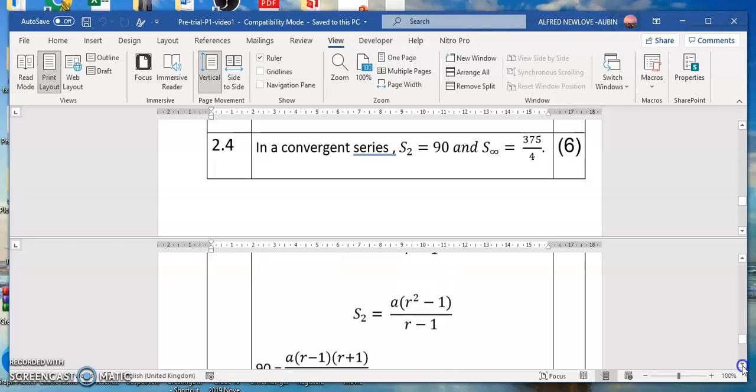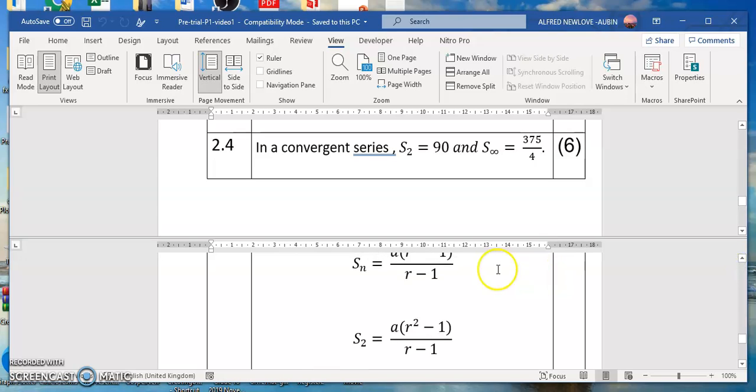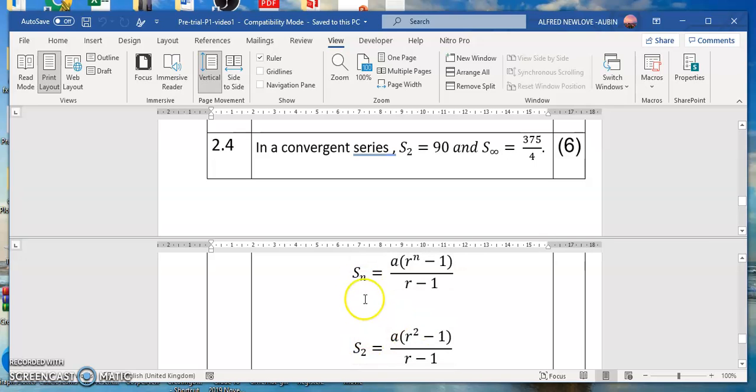For the sum of the first two terms, n is going to be 2. Your a will remain, r will remain, and n is also going to be 2.